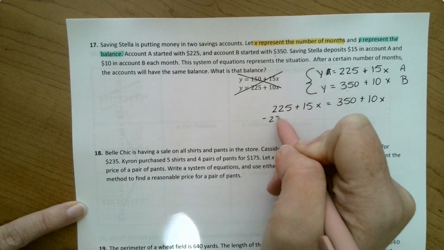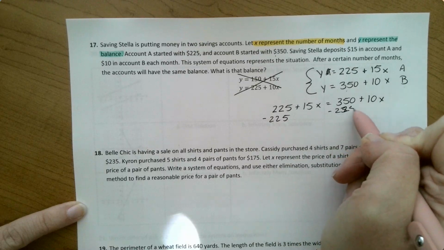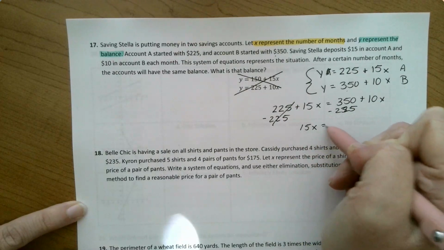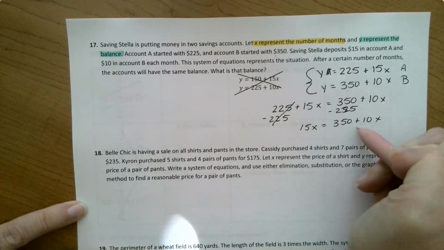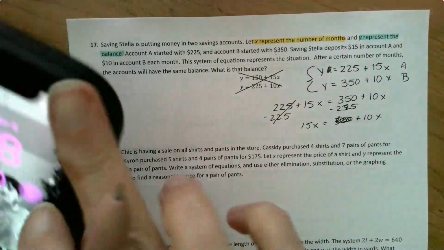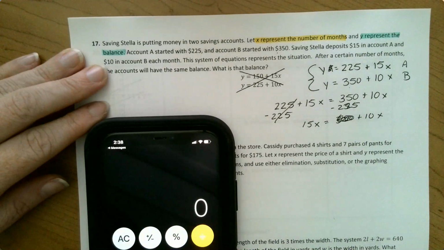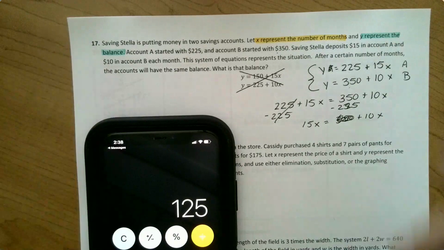We're going to subtract 225 from each side. And I have 15x equals, not 350, whatever 350 minus 225 is. All right, 350 minus 225 is 125.